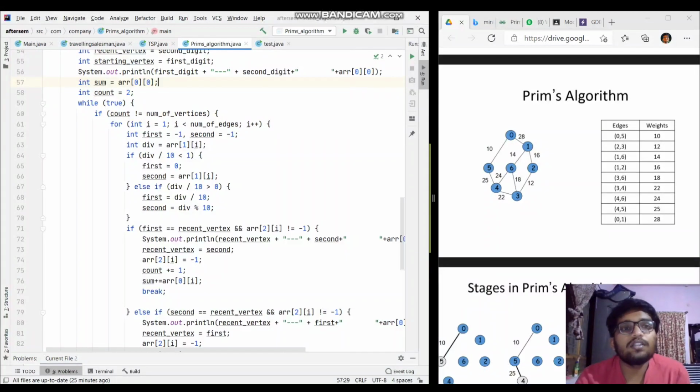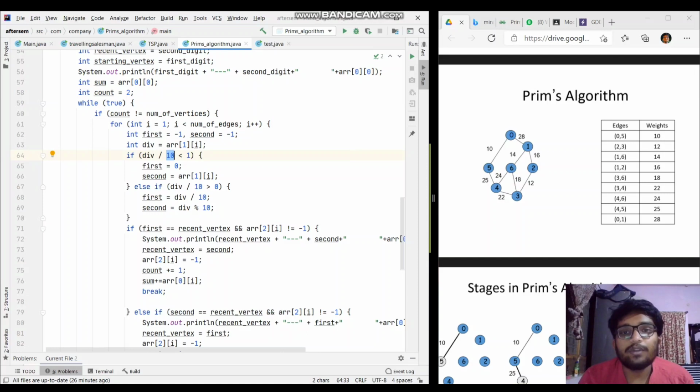In this loop we have initialized first and second with -1, and we are taking that record in a particular variable called div, and if div divided by 10 is less than 1, that means, like if 25 is in the first row, then in the corresponding row below we will have 5 and 4, right? For example, if we have 0 and 1, we cannot have 01, so only 1 would be there.